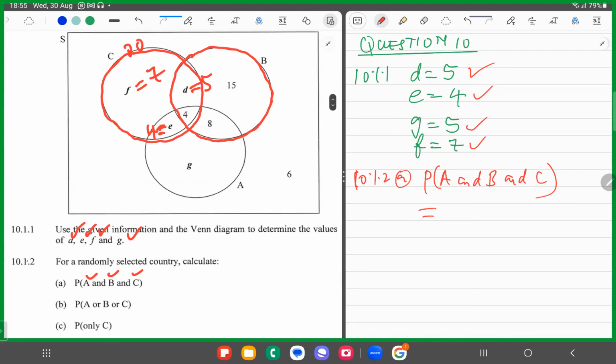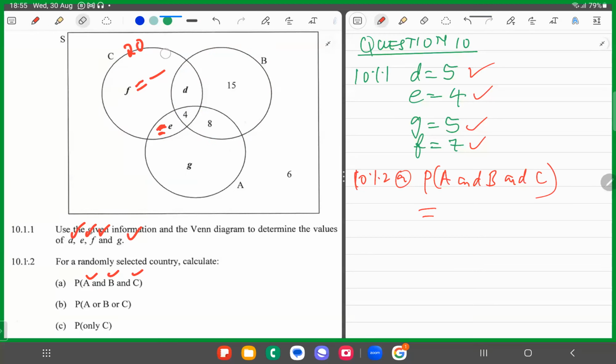So A and B and C, you're looking at everything where they all meet. Where do they all meet these events? So we can see that they all meet here at 4.